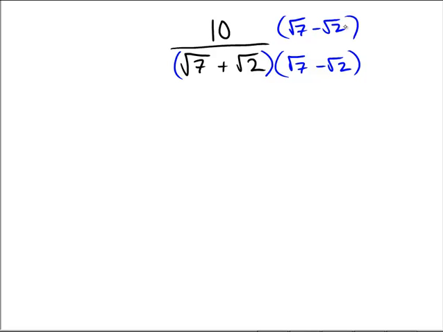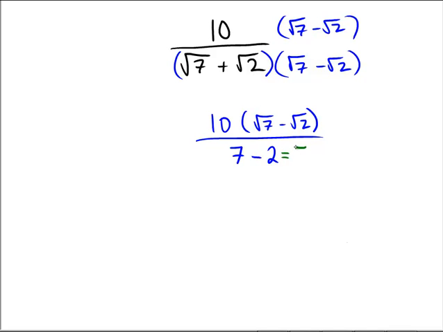So in the numerator we have 10 multiplied by rad 7 minus rad 2, and in the denominator we have rad 7 times rad 7, also known as 7, and minus rad 2 times rad 2, which is 2. But notice now, we don't get a 1 this time like we did on those other ones, but we do have 7 minus 2, which is equal to the number 5.